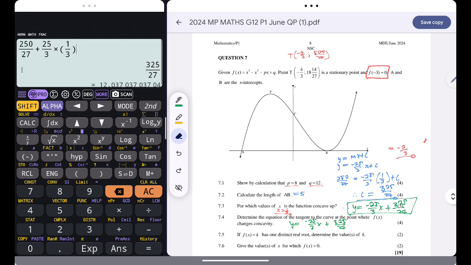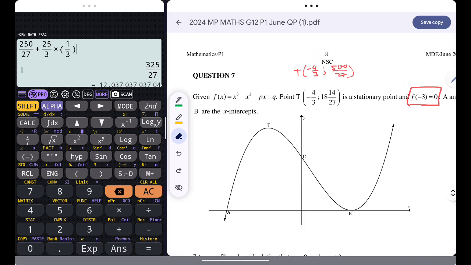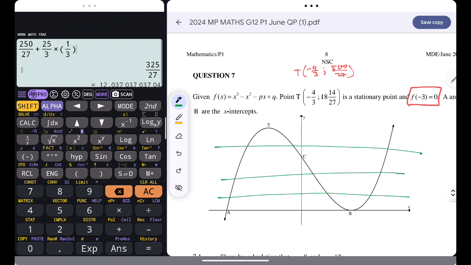It's unlike whenever you are dealing with your parabola or your quadratic function. Just draw a line. If you can draw a line between your turning points, you can see that you get 3 distinct roots. But if you draw a horizontal line at the turning point, you just have one root over there and one root over there.